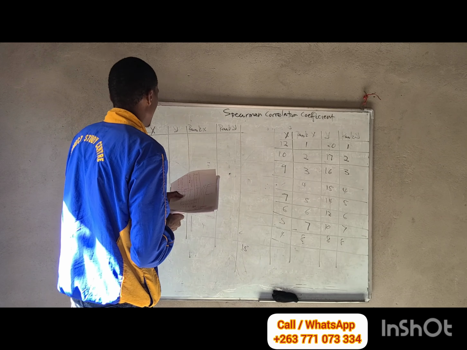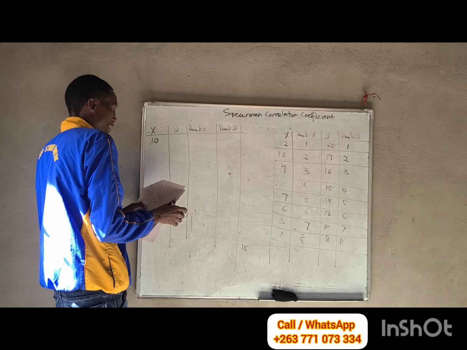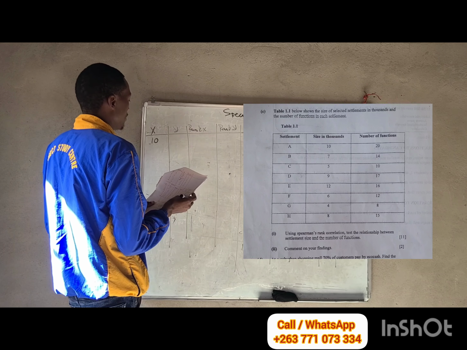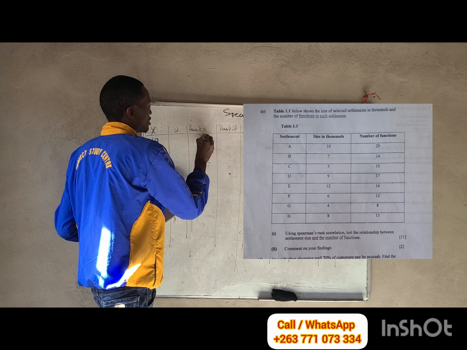So in this case, we have got 10. It is the first value to be written in X. Then also, what is the rank of 10? It's the second.